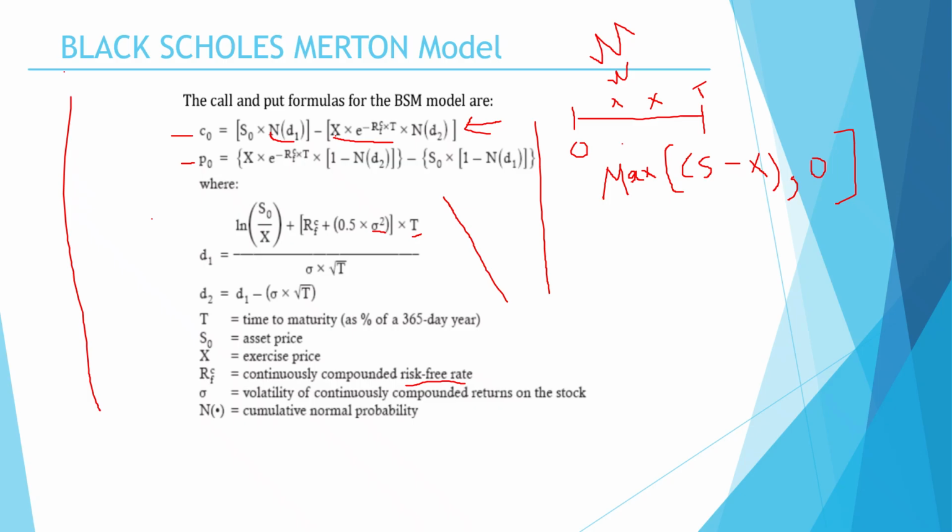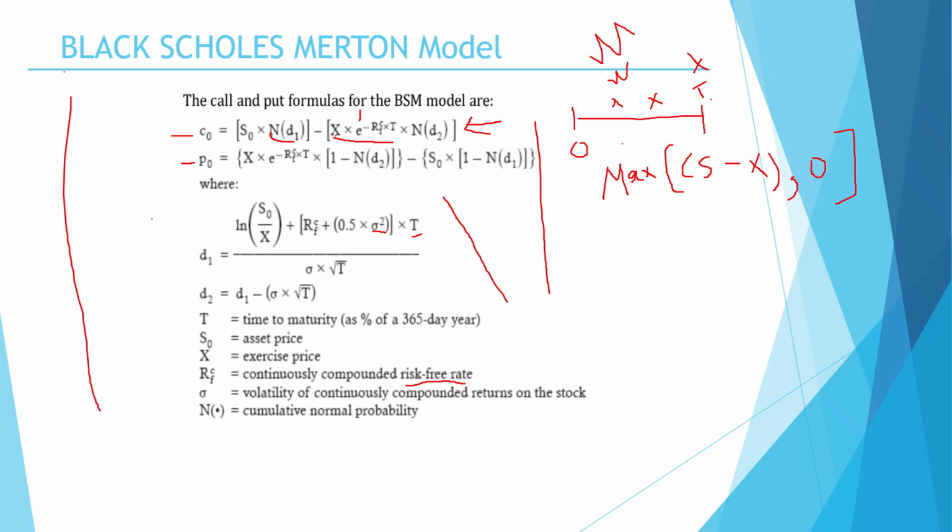The value of X is at maturity, which is at this point. But if I want to price my option at this point, then I have to discount the value of my strike price to this point. So I am discounting that. And why have I used the exponential here? Because I want continuous compounding. I will explain what continuous compounding is. It is also important.